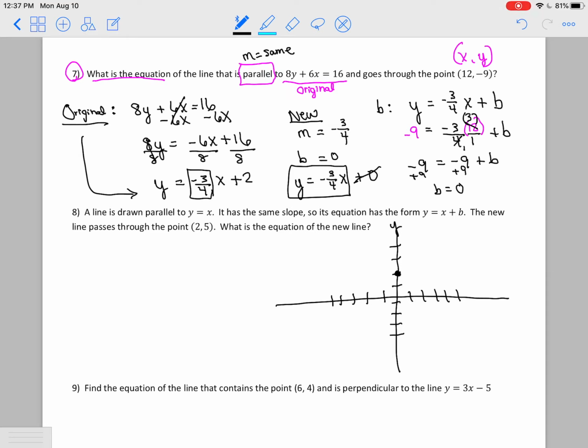So I can graph this just by plotting my b. Here's my b. And I can take my slope, which is negative 3/4. Now remember, on our slope, it's rise over run, right? So I'm going to go down 3, 1, 2, 3, and over positive 4, so 1, 2, 3, 4. Okay, that was down 3 and over 4. Okay, so here is my original.